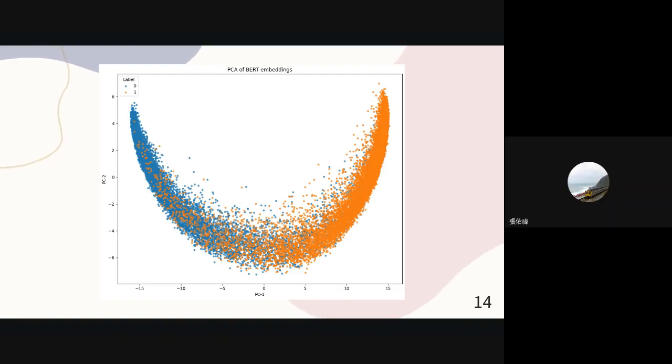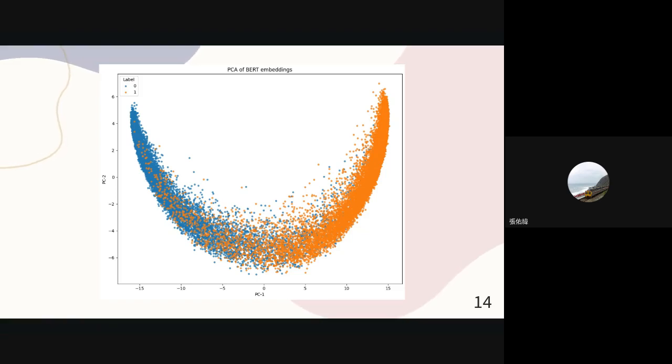Okay, so this is the visualization of PCA of BERT embeddings. So we can see that the separation is quite good, quite suitable for this kind of classification. Each dot represents one data point, one review.